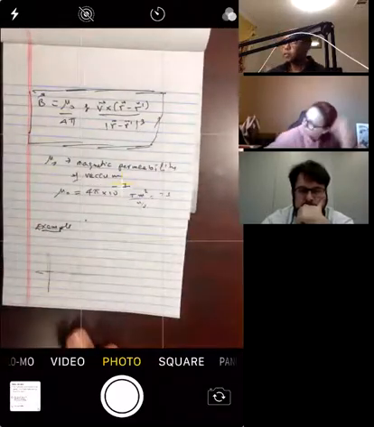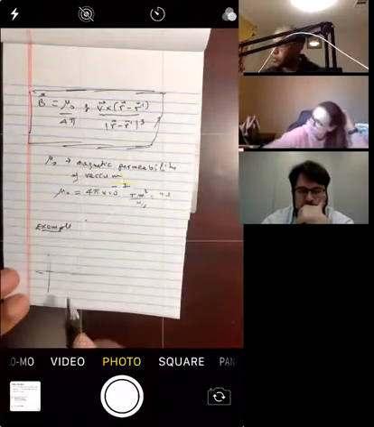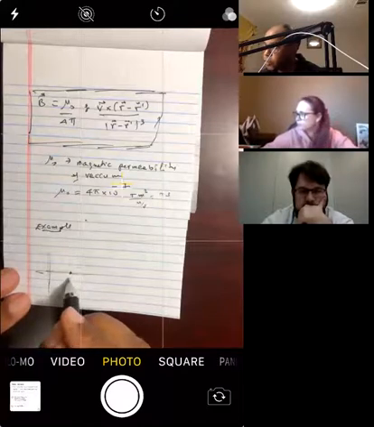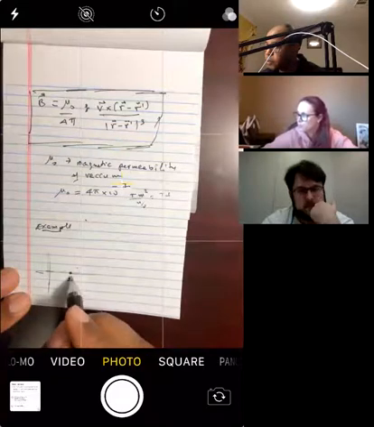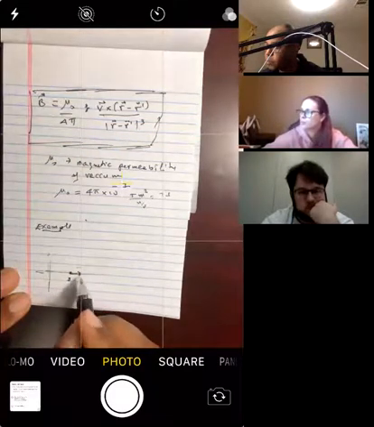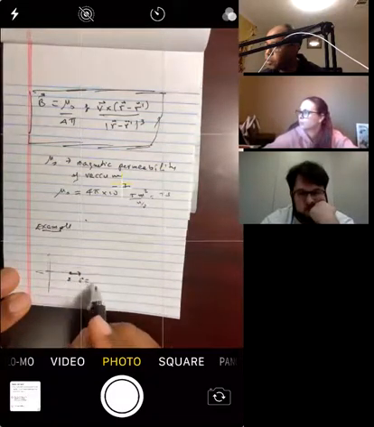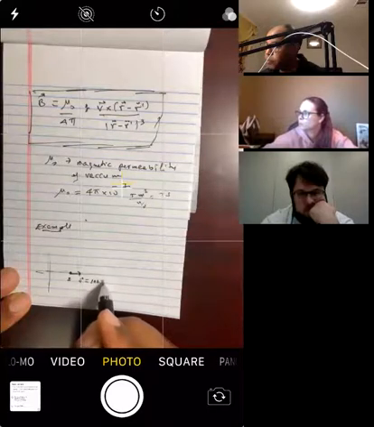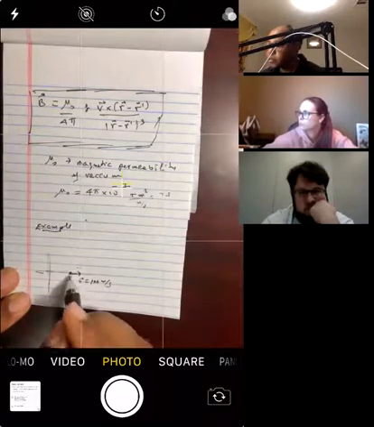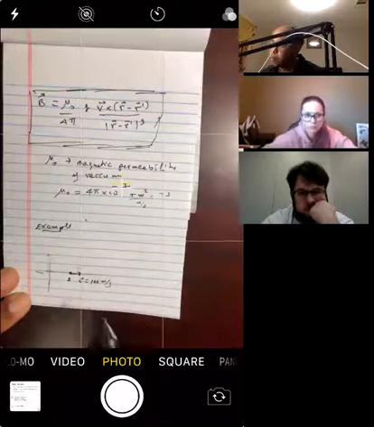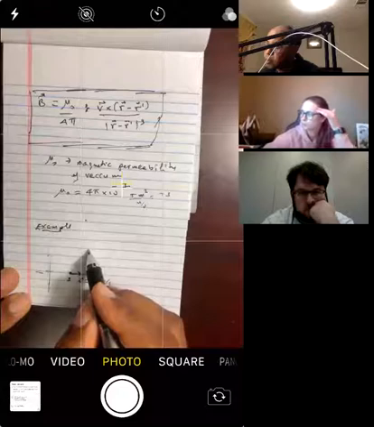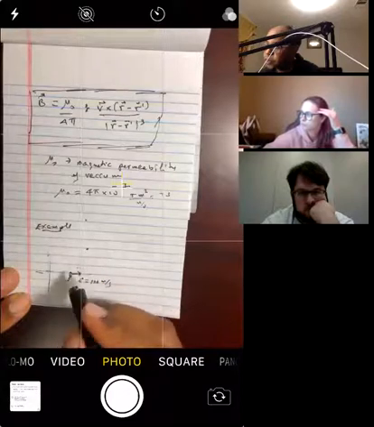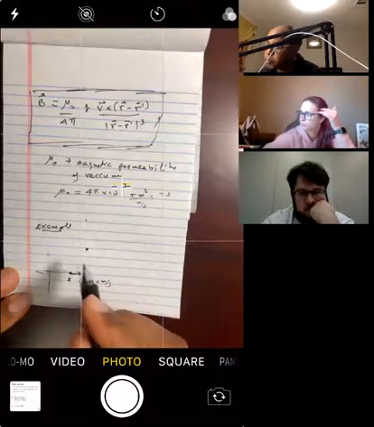Let's have a coordinate system. Let's say this is my coordinate system over here. Suppose at x equals 2, I have this charge, and it's moving with a velocity of 100 meters per second. Then let's say I want to find the magnetic field at this point P over here.